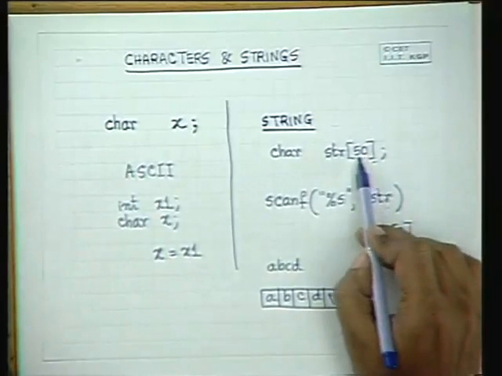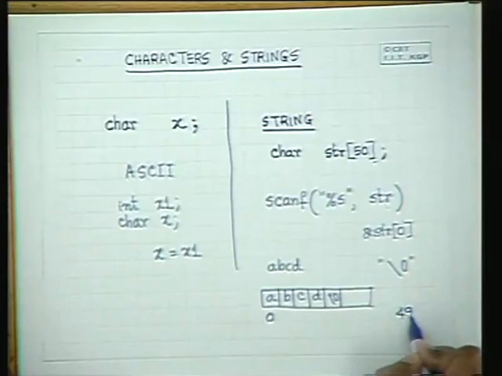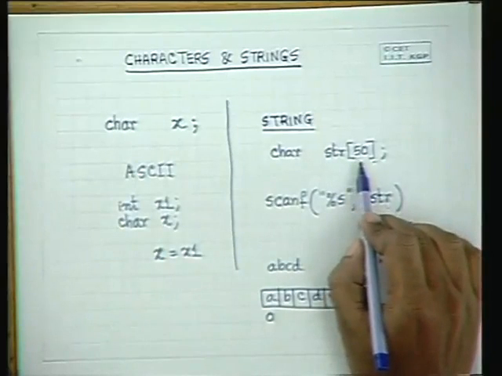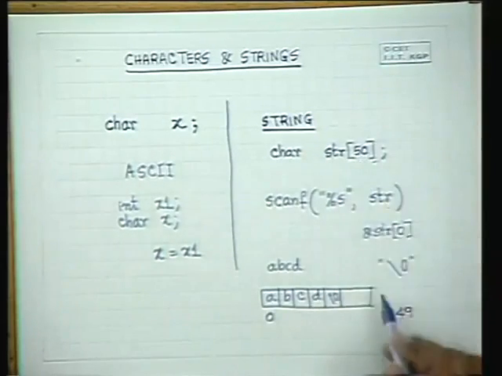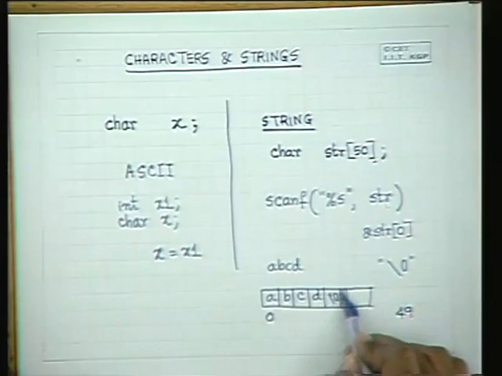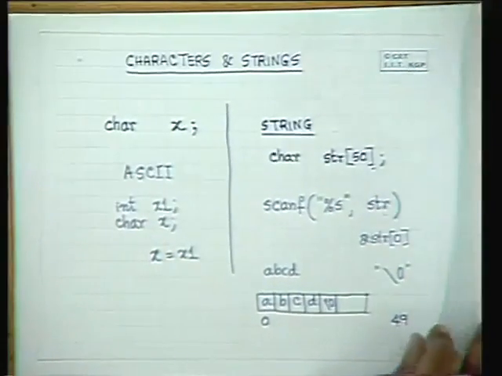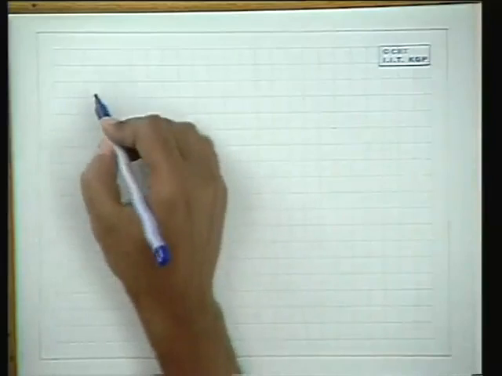So if you declare a string of size 50, which means an array from 0 to 49, make sure that your string does not exceed the size, so that the \0 can fit in. The \0 must be put into the string. Similarly, like scanf, for strings you can use the printf command.